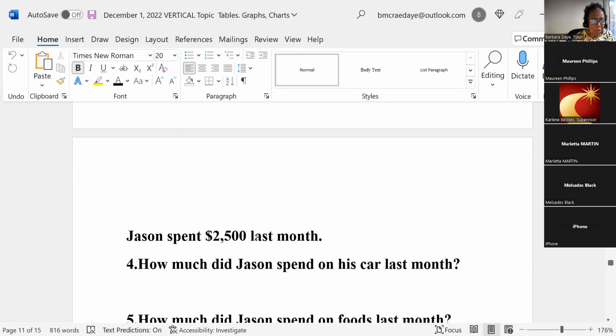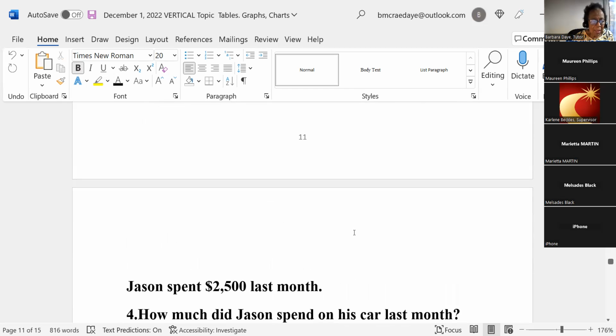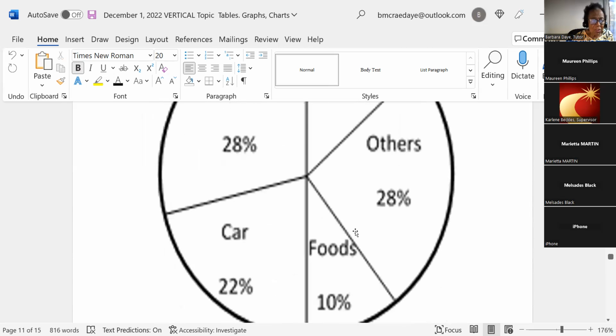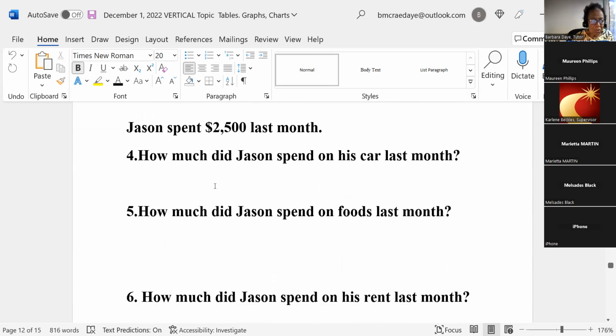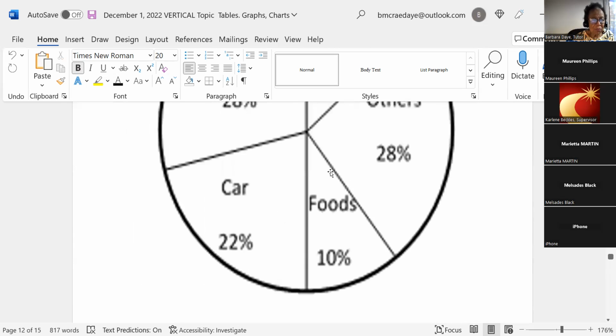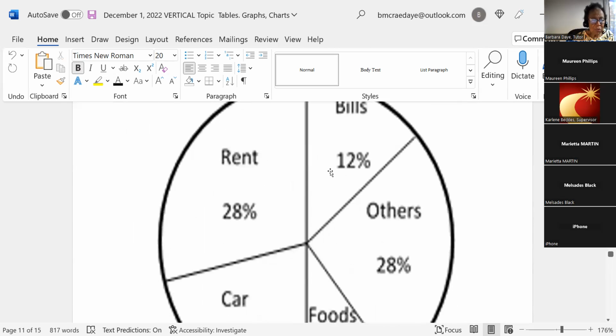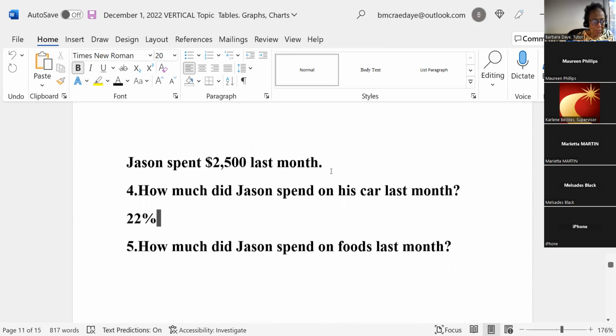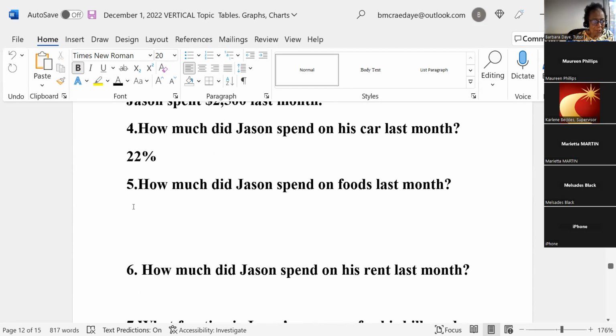Jason spent 2,500 last month. How much did he spend on his car? Let me put the percents here, 22%. How much did he spend on food? He spent 10%. So I don't have to go back to the graph, I'll just put the percents here and you tell me the answers.